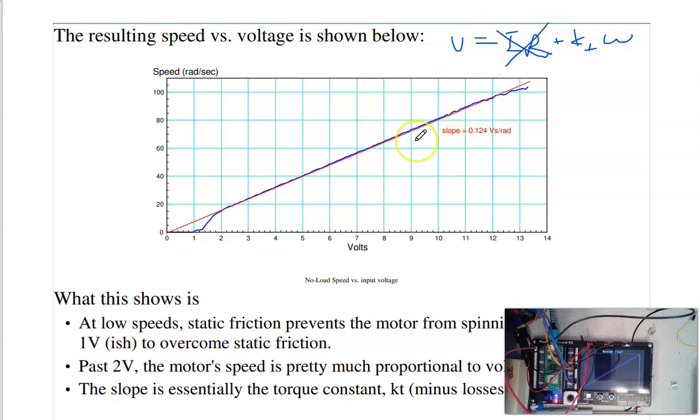But the current should be small because there's no load. There is a little bit of current because there are some losses in the motor. But the slope is the torque constant. And there's a dead zone. It takes a little bit of voltage to get the motor to spin.